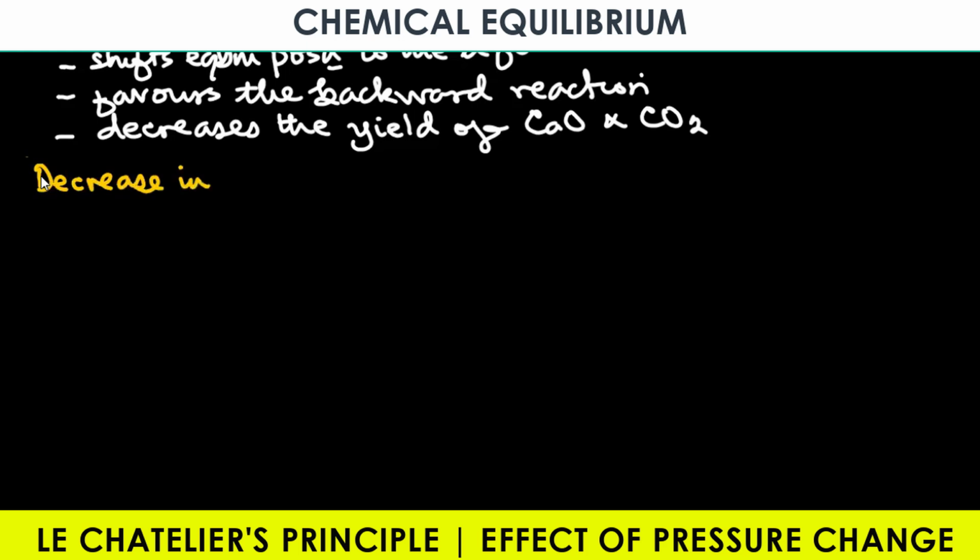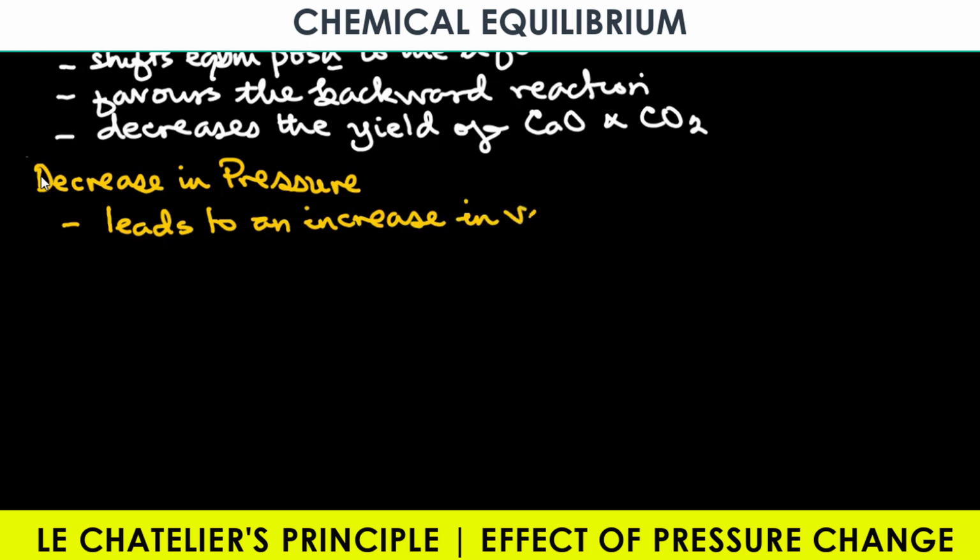So, decrease in pressure. Like I said earlier, when you decrease pressure, you are increasing the volume according to Boyle's law, right? So a decrease in pressure leads to an increase in volume, right?